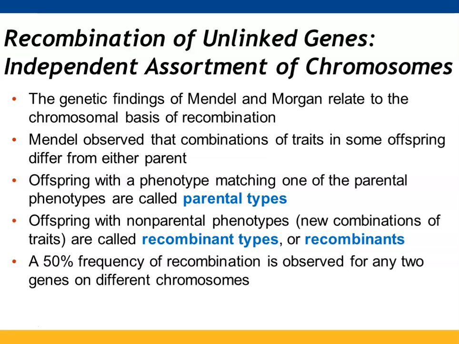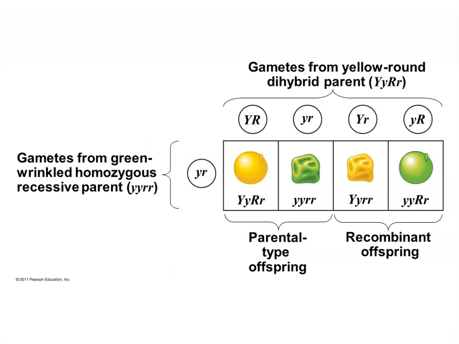Frequencies less than 50% are indicative of the genes being linked, but that there was some crossing over taking place. If you have 50% recombination or higher, those genes are either not physically linked, they are on different chromosomes, or they are far apart on the same chromosome and not genetically linked.